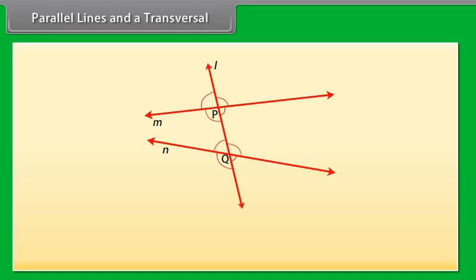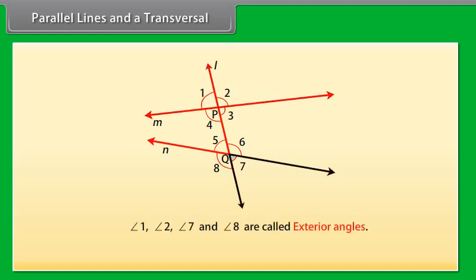Let us name these angles as angle 1, angle 2, angle 3, angle 4, angle 5, angle 6, angle 7 and angle 8. Angle 1, angle 2, angle 7 and angle 8 are called exterior angles, while angle 3, angle 4, angle 5 and angle 6 are called interior angles.